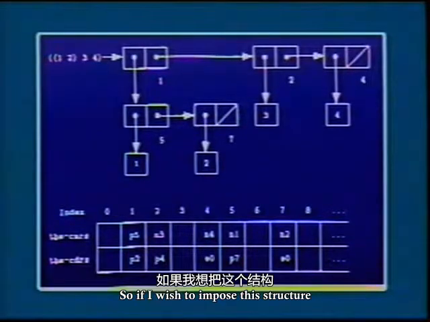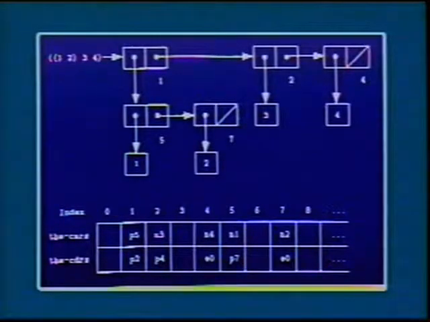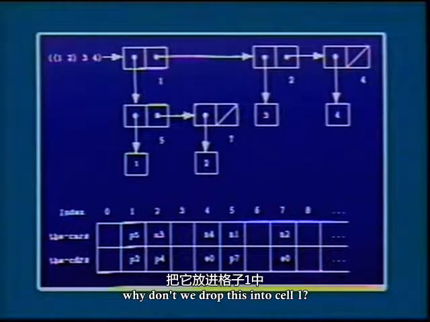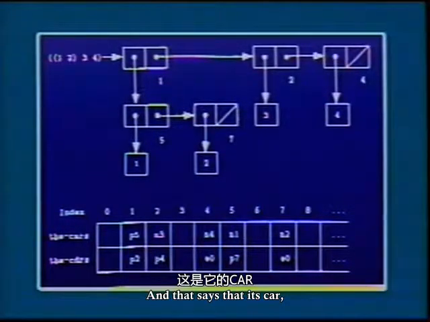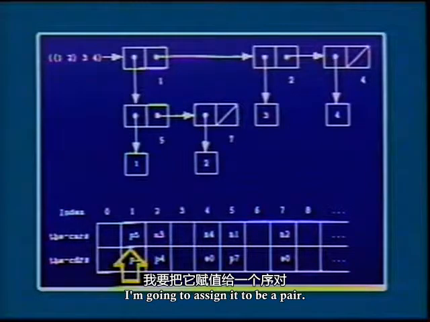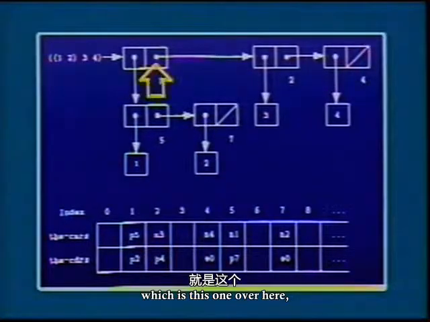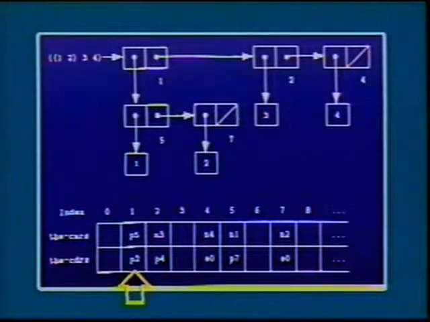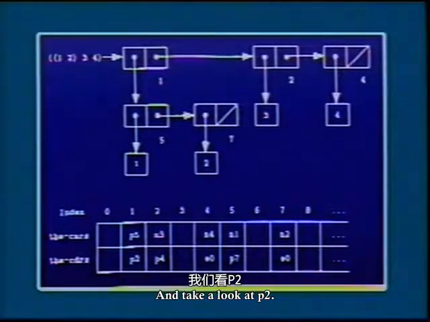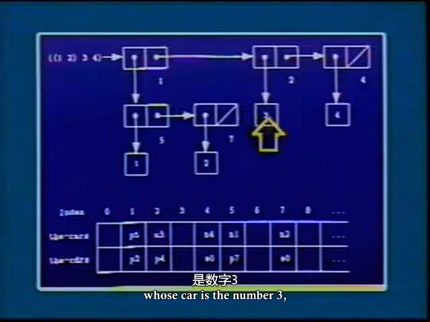So if I wish to impose this structure on my linear memory, what I do is I say, oh yes, why don't we drop this into cell 1? So I pick one, there's 1, okay? And that says that its car, I'm going to assign it to be a pair, which is an index 5. And the cdr, which is this one over here, is a pair which I'm going to stick into place 2, P2. And take a look at P2. Oh yes, well P2 is a thing whose car is the number 3.